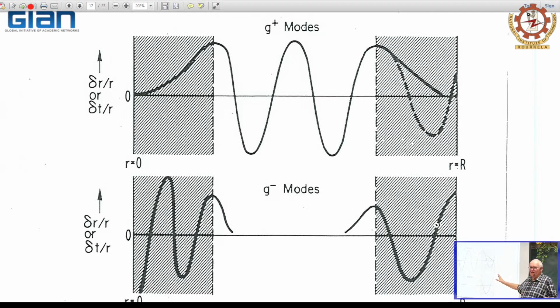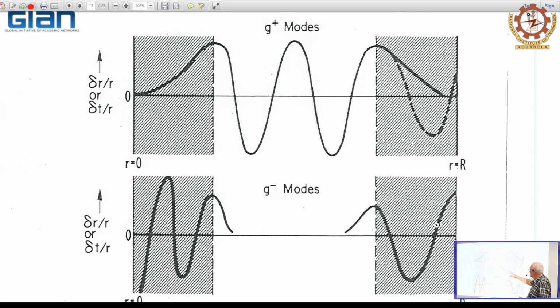No, this is just a schematic picture of how the propagation properties of the G plus and G minus modes appear. This is without any reference to any stellar model. It's just assuming that these hedged regions are convectively unstable and the unhedged region is convectively stable.